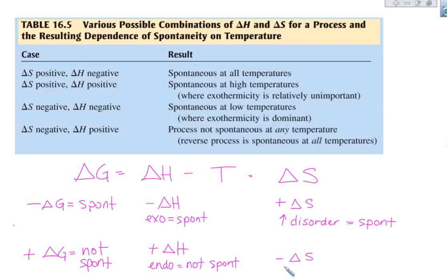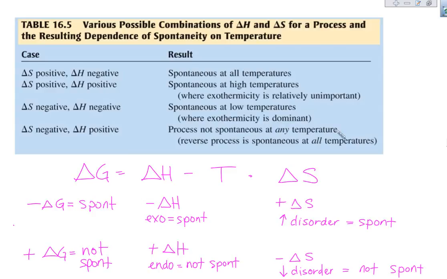That means a decrease in disorder, which is not favorable in nature, not spontaneous. Then regardless of the temperature, you can't make delta G negative. You've got a positive minus a negative, so this is always going to be a positive minus a positive. This process is not spontaneous regardless of the temperature.